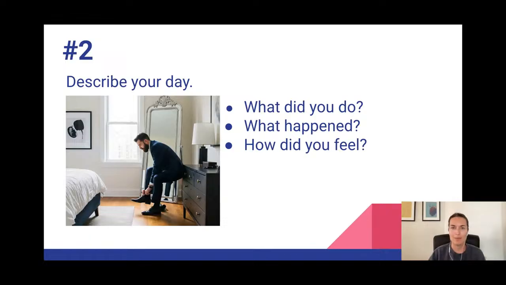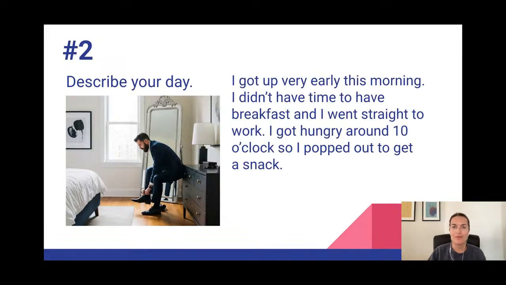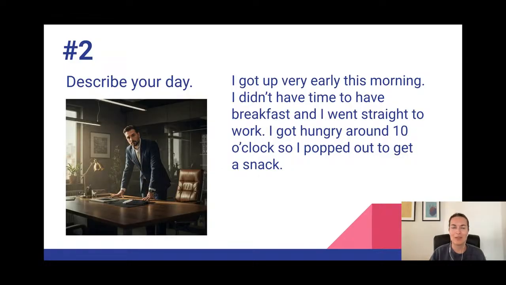For example, you can say what you did, what happened, how you felt. For example, I got up early this morning. I didn't have time to have breakfast, so I went straight to work. I got hungry around 10 o'clock, so I popped out to get a snack. So this is just you telling the story of your day.